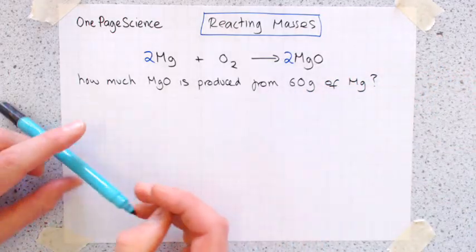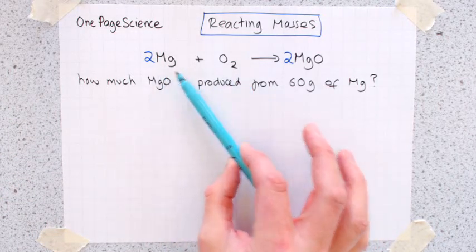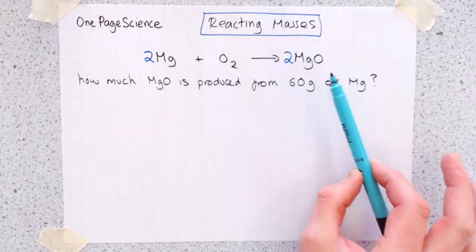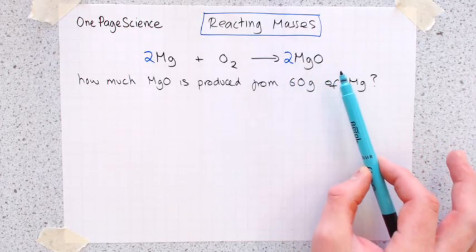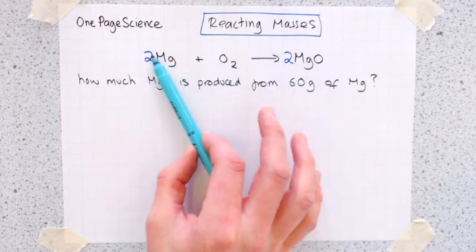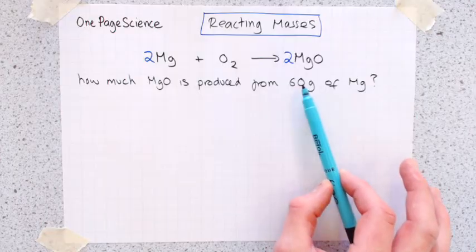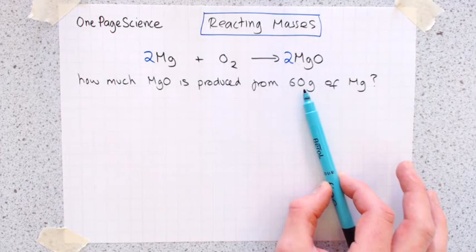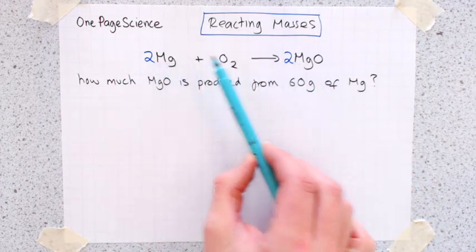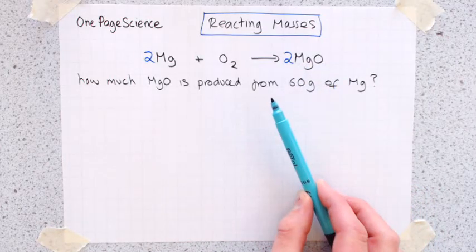If I put 60 grams of magnesium into this reaction and it reacts with oxygen, I want to know, before I do my experiment, what's the mass of magnesium oxide I'm going to get. Now this equation tells me that 2 magnesiums make 2 magnesium oxides. I can't just double that number because the relative masses of magnesium and magnesium oxide are different, and that's what makes this a trickier calculation to work through.